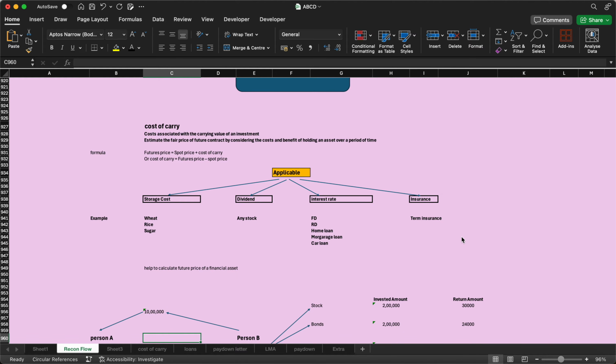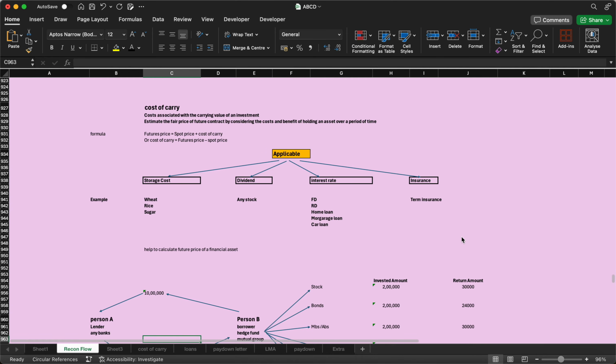So you calculate the cost of carry on this basis. It also helps to calculate the future price of a financial asset.